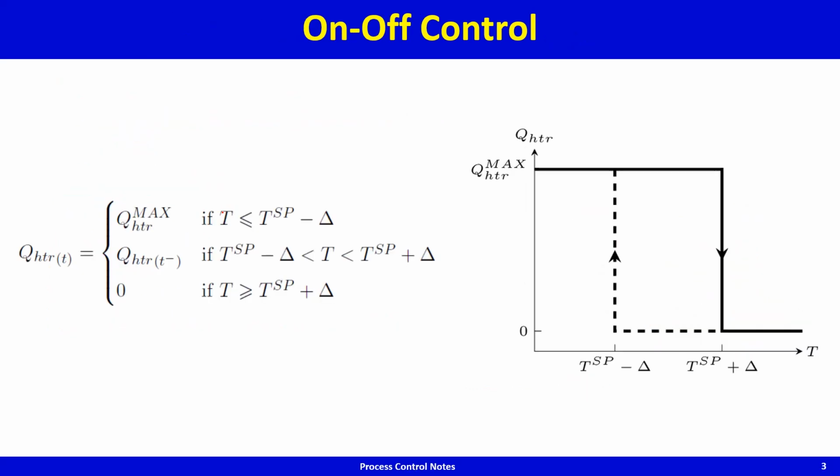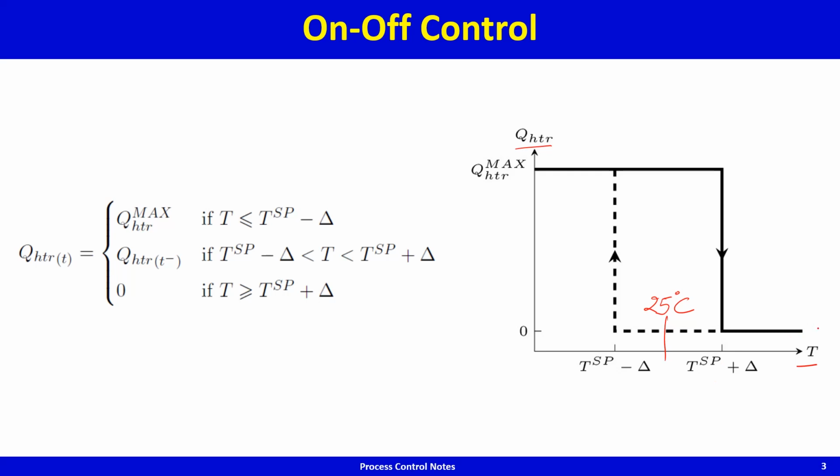So what we have here is, on the y-axis we have Q heater that is plotted. On the x-axis we have the temperature measurement, and let's say our set point is 25 degrees Celsius. That's the comfortable room air temperature.